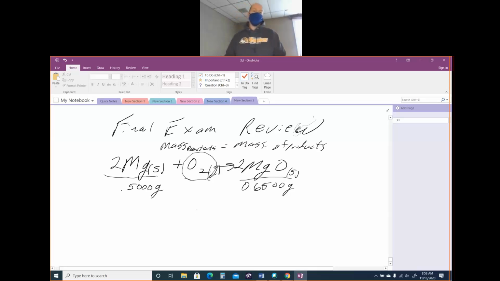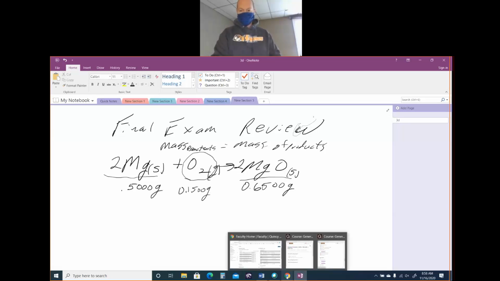And to the fourth decimal place, that is a correct statement. Go out further decimal places or do nuclear reactions instead of chemical reactions, then you do not have a conservation of mass. But for chemical reactions out to the fourth decimal, yes, we have a conservation of mass. So just by subtracting, you get 0.1500 grams. All right. So make sure you know conservation of mass, how to do those types of problems.